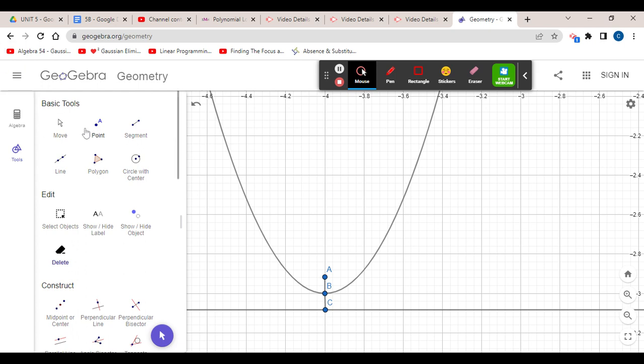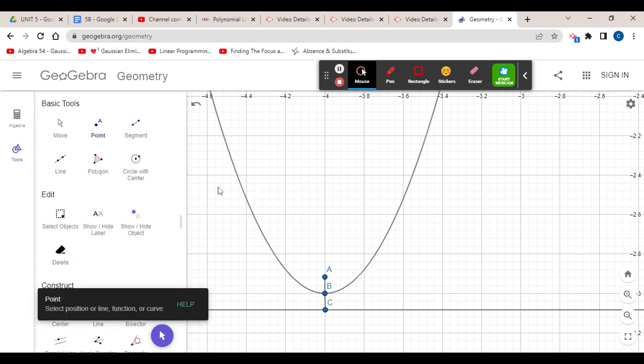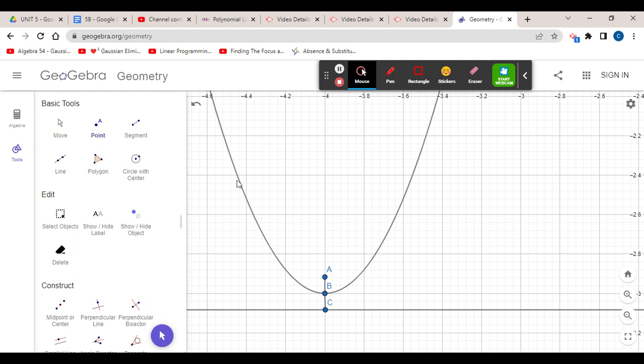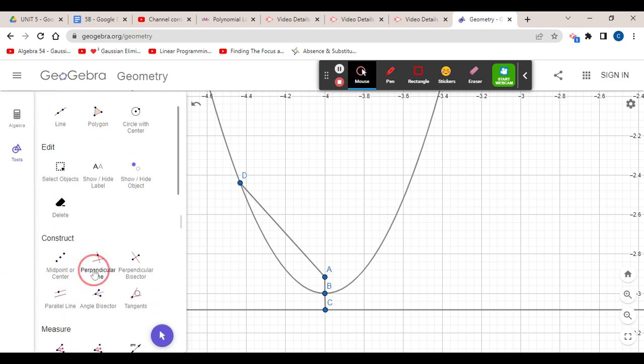So let me just hit my point button right here. I'll just pick some random point on the graph. I'll hover over here until I get the little hand thing, hit the point D, which is on the graph right there, and I can move it around if I need to. Now I can draw a line segment from D to A. And then I'll draw a perpendicular line.